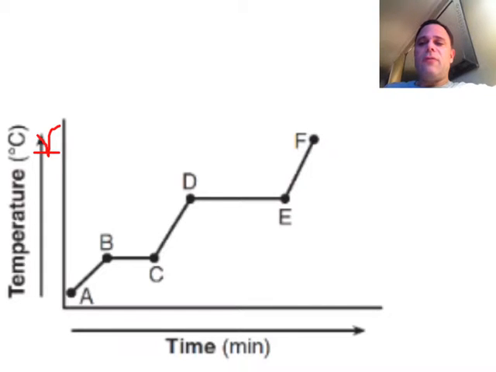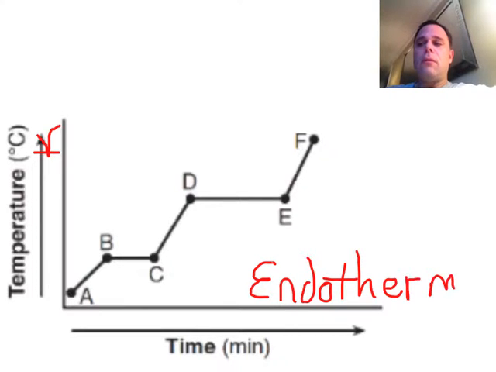Something to note right at first is the substance is absorbing energy. So right off the bat we could consider this an endothermic change. If the curve were angled downward, that would be exothermic. So let's identify different locations on this graph.